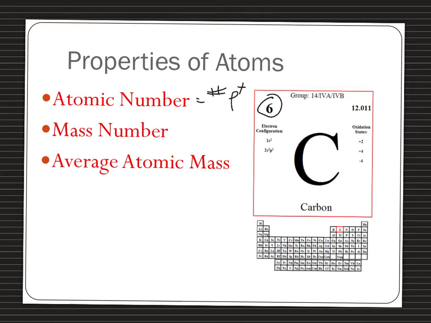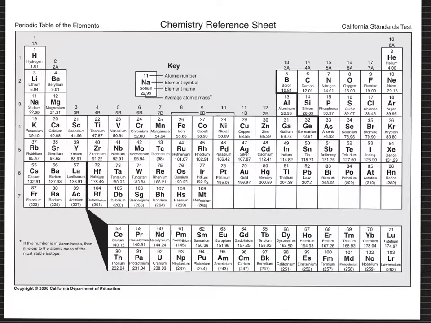It tells you the number of protons. The mass number is equal to your protons plus your neutrons. We use neutrons with a little 0 as a superscript. And the average atomic mass is this 12.001, the one that's a decimal. And there's a reason for that. We'll talk about it in just a minute.